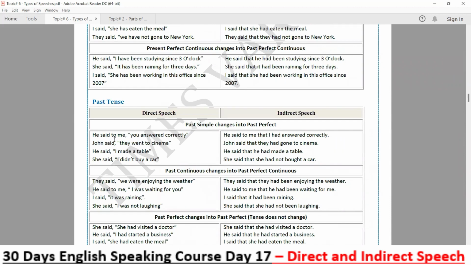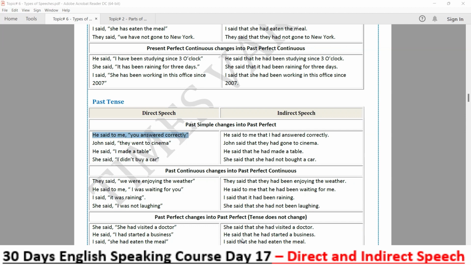So he said to me, you answered correctly. Now please identify the tenses in this sentence. Anyone would like to? He said to me, you answered correctly.